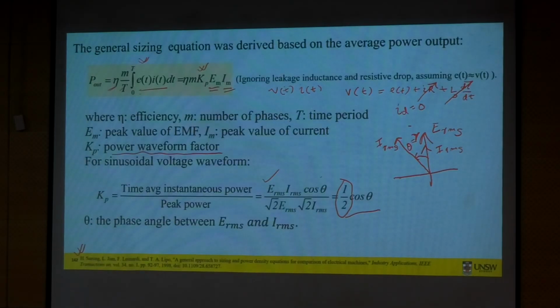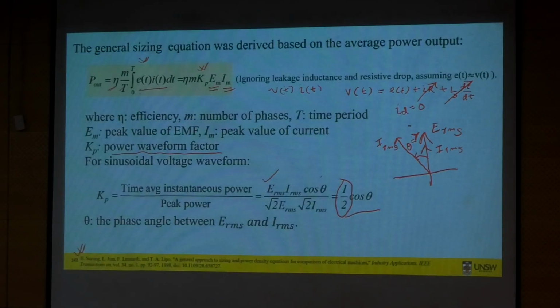So for a sinusoidal waveform, that's what it is, half cos theta. But if you have another type of motor where your back EMF is not sinusoidal or current is not sinusoidal, let's say a BLDC motor, you will have a square waveform and a trapezoidal waveform, then Kp could be different, okay? Then Kp may not be half cos theta, okay?